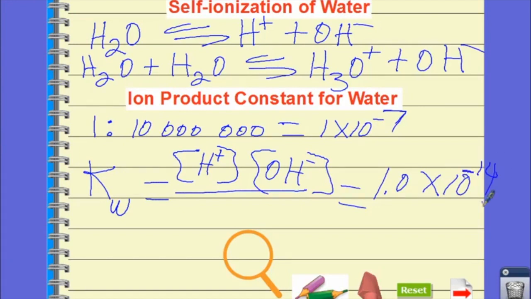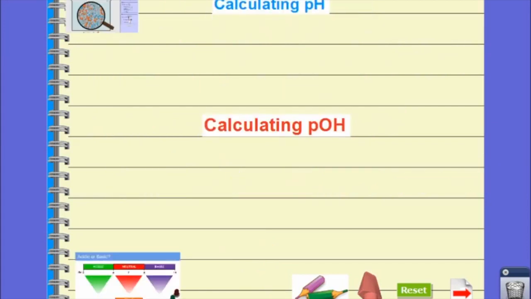I need for you to know that constant, you will be using it a lot. So write down KW, the ion product constant of water equal 1.0 times 10 to the negative 14 at room temperature. So we are going to use that constant.